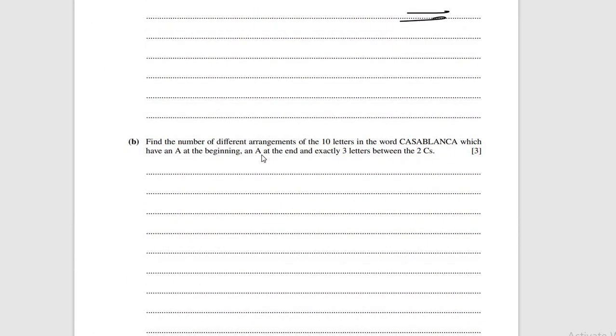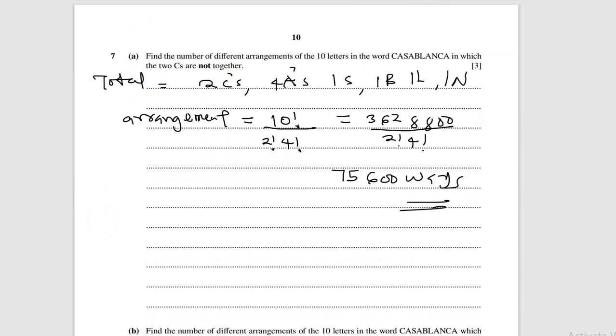B. Find the number of different arrangements of the 10 letters in the word Casablanca, which have an A at the beginning, an A at the end, and exactly 3 letters between the 2 C's. No, we are not done with this one. Oh, they said find the number of ways in which the 2 C's are not together.